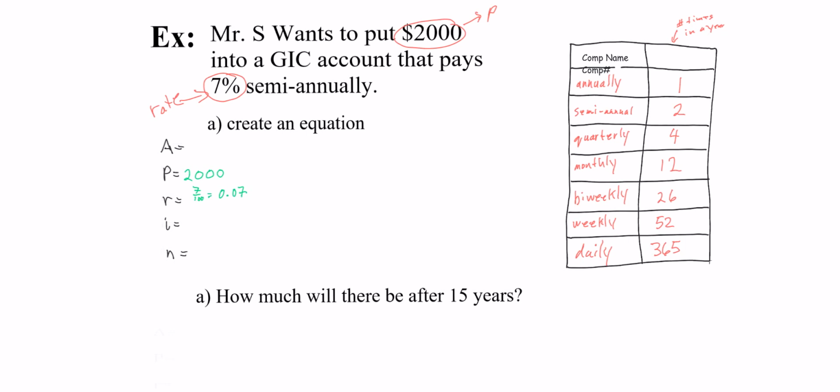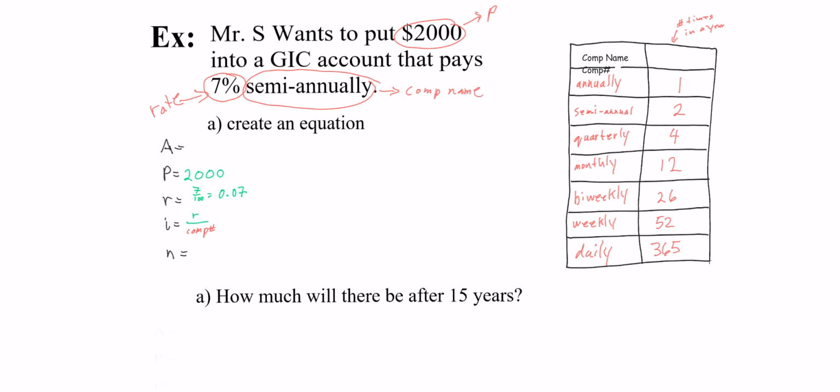Finally, this is the hard stuff. Anytime we talk about I, we have a specific equation that we use. We use R divided by the comp number. Now, the comp number is always tied to the comp name, which is semi-annually in this case.